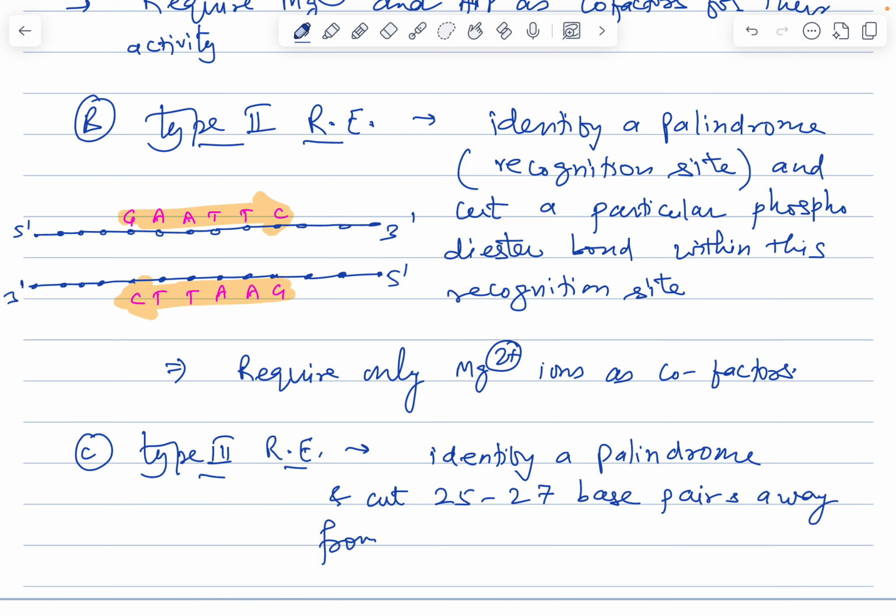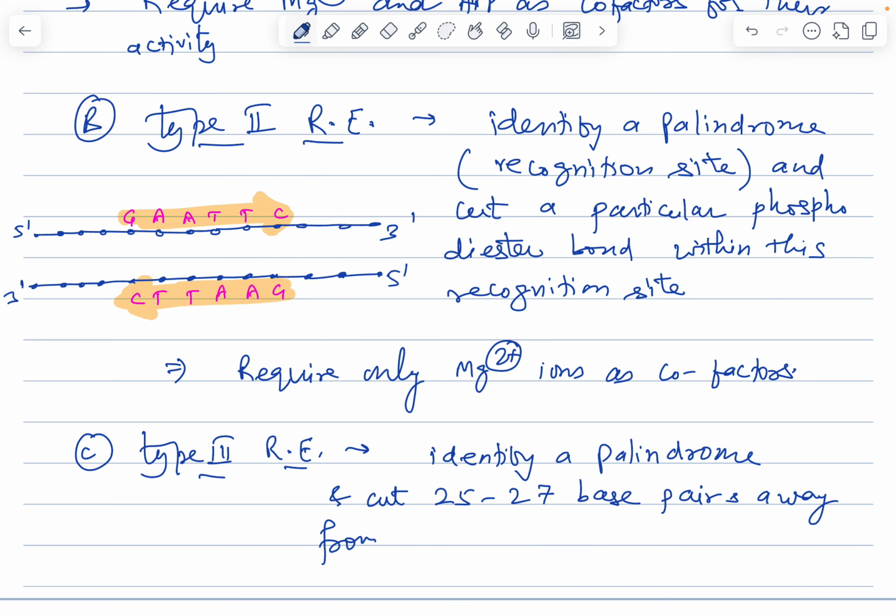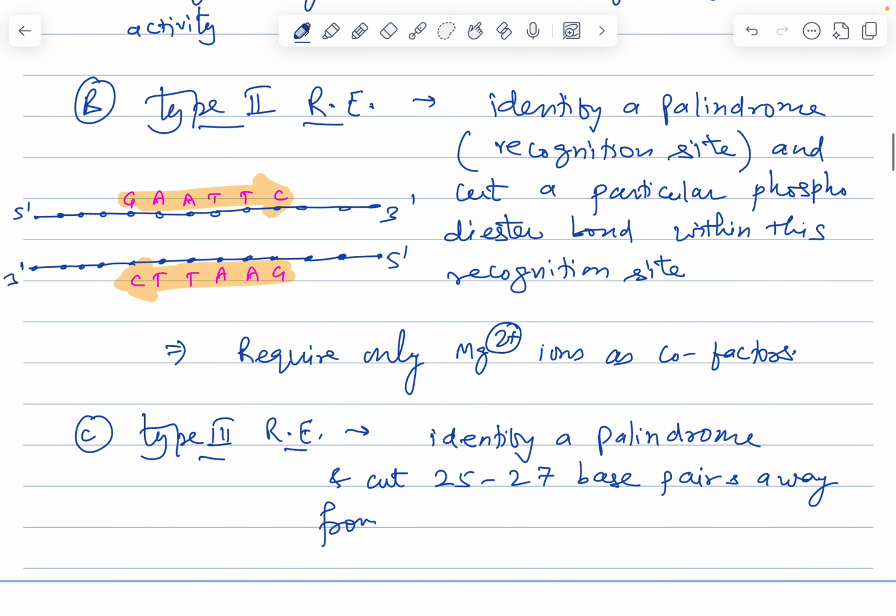But away means again in either direction. The enzyme attaches over here, shifts to this side or this side, 25 to 27 base pairs away, and introduces a cut in the phosphodiester bond sequence. They identify a palindrome and cut 25 to 27 base pairs away from the recognition site.